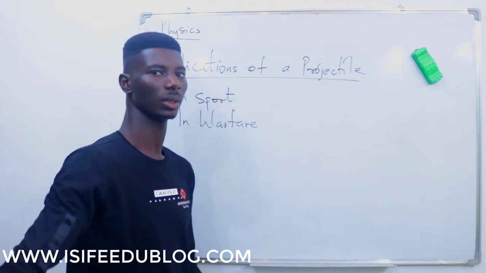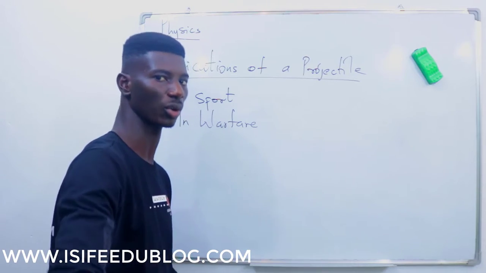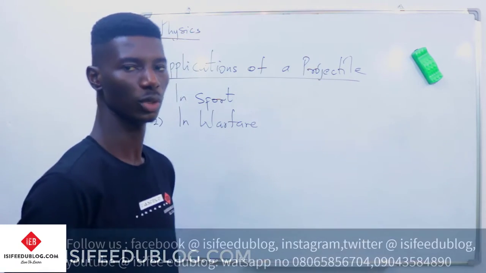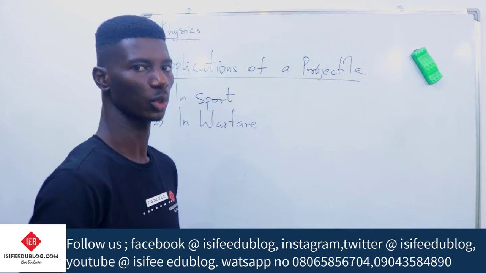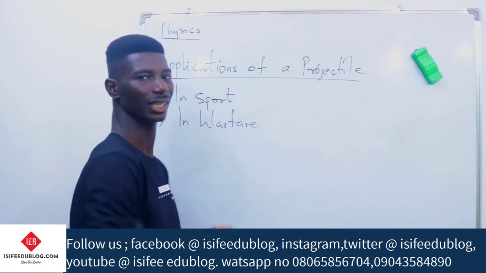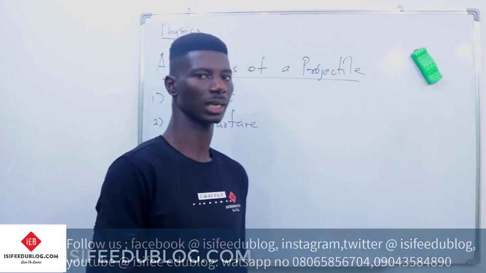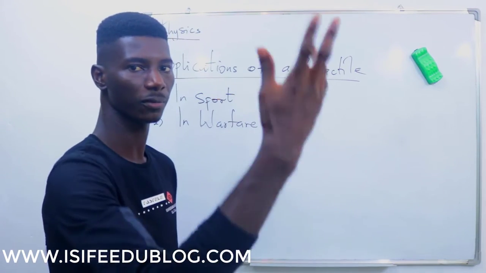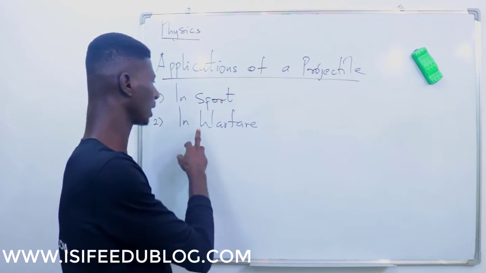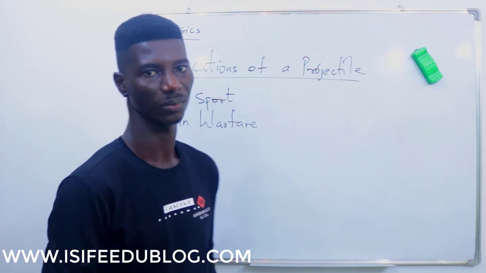So anything you are throwing in sport, or even if you are throwing yourself, like making a high jump, as you jump, you personally, the jumper, are the projectile. You project yourself so that you can land at a very long distance. Now the next, warfare.